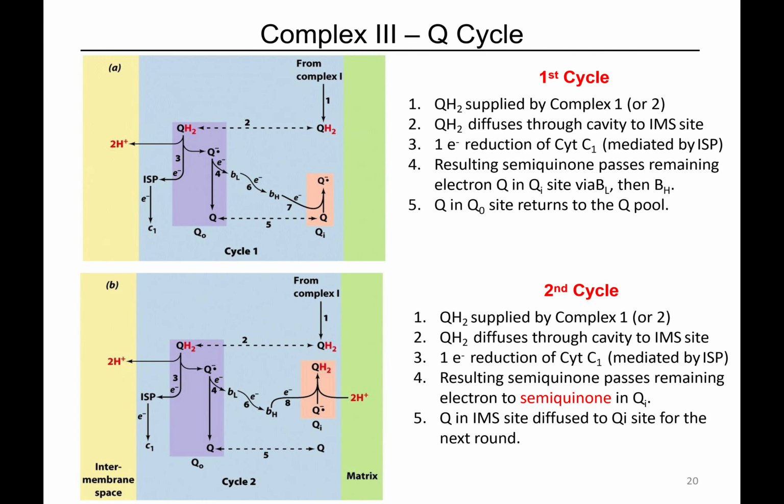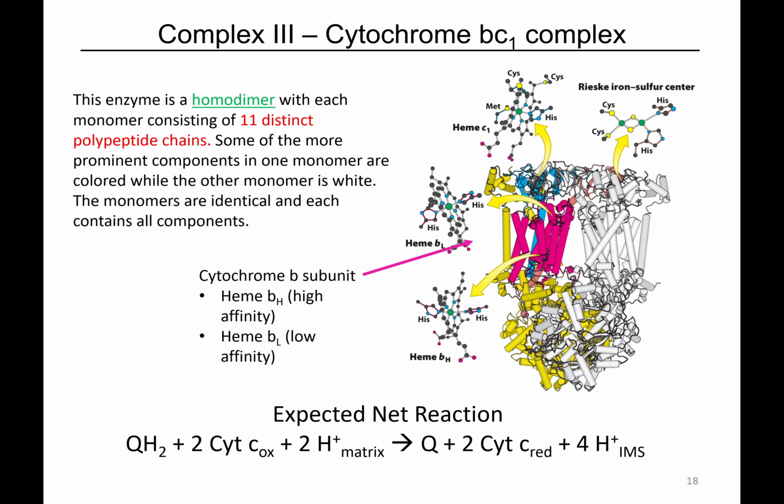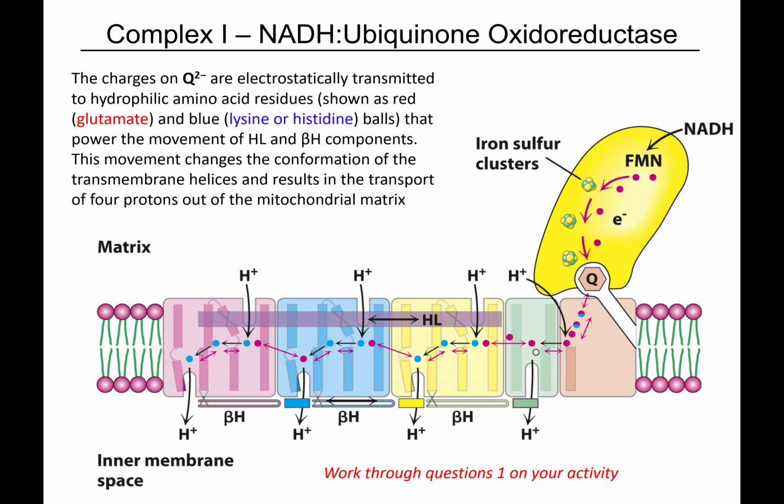Okay, so the way that the proton pumping works here, right, is that we are harnessing this energy of electron transport, ultimately reducing coenzyme Q. The way proton pumping works, we need a pathway to move protons from the matrix to the inner membrane space.